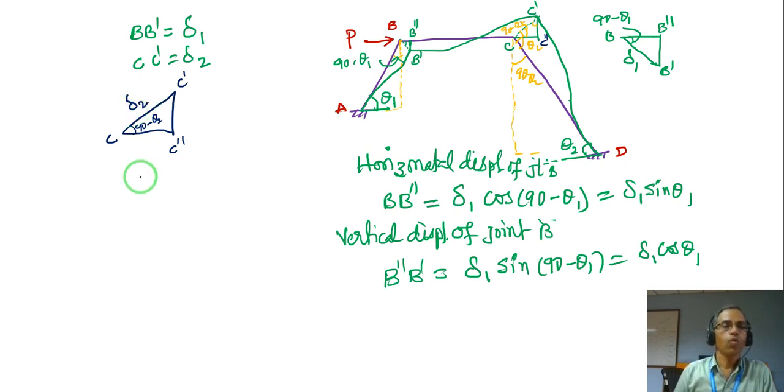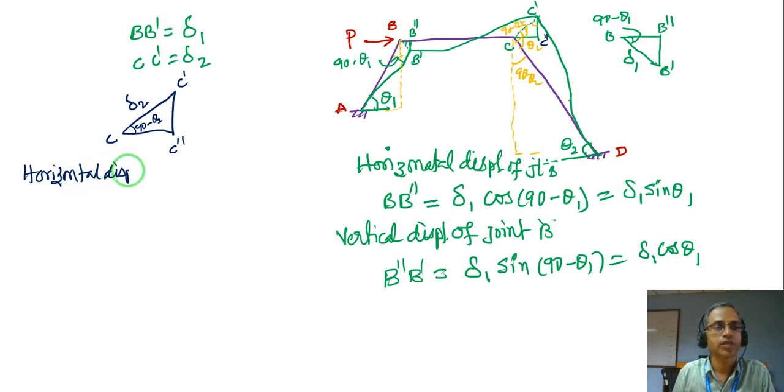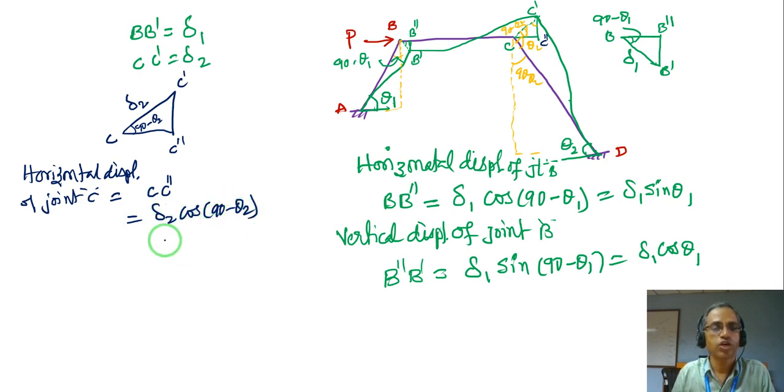Now what will be the horizontal displacement of joint C? The displacement of joint C is nothing but my C double dash, that is delta 2 cos of 90 minus theta 2, which is equal to delta 2 sin theta 2.